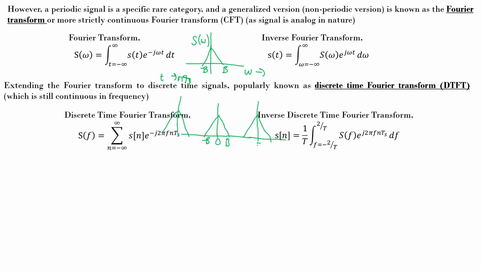This is 0, this will be Fs, this will be minus Fs, you will have one more at 2Fs and so on, and this Fs is nothing but 1 by Ts. So this is frequency, that is the inverse of your time Ts, the delta nTs.